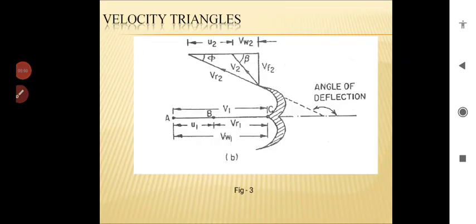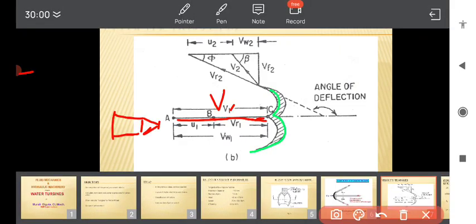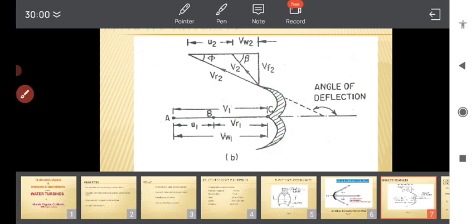Here the water is coming from A to C and it strikes the splitter and splits at the outlet triangle. A to C is the velocity of the jet.